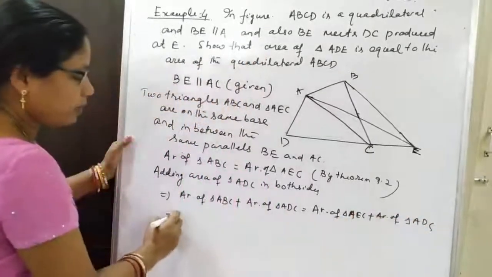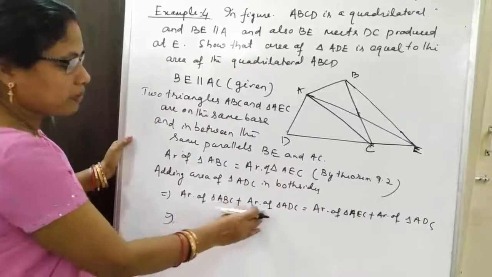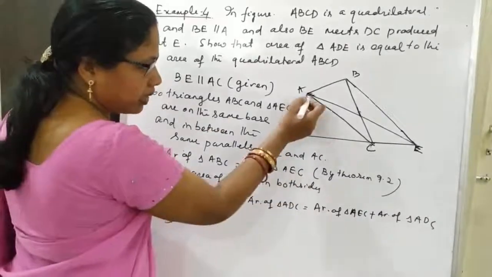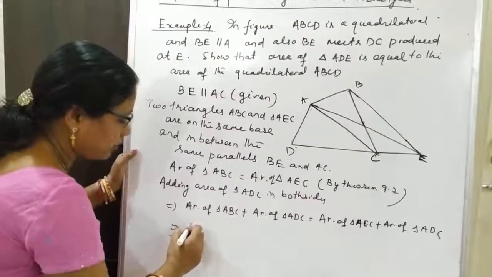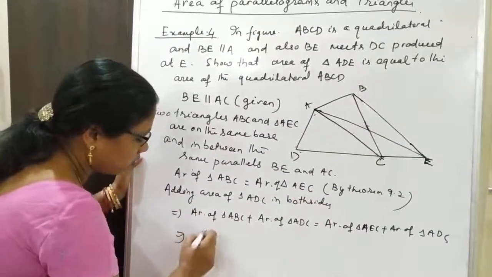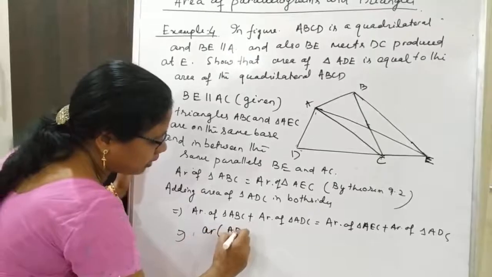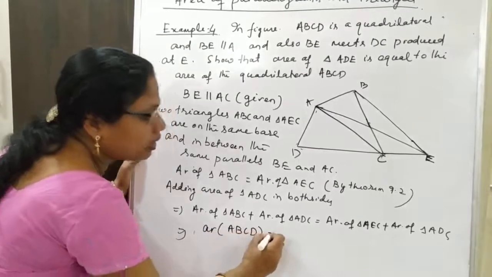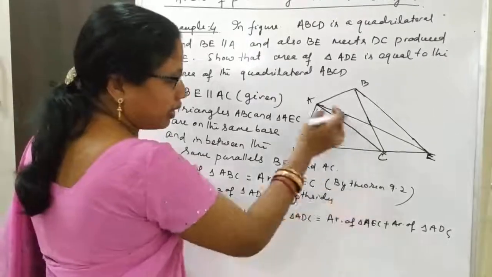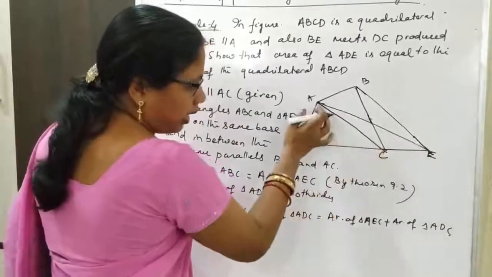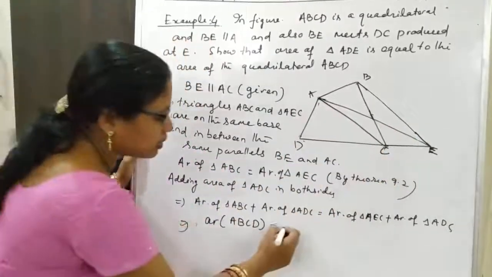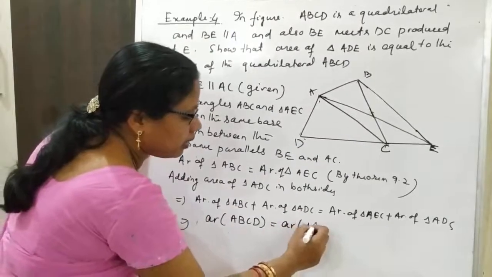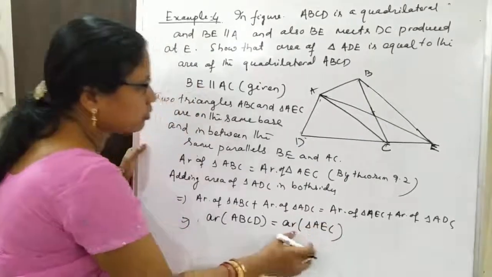ABC plus ADC is quadrilateral ABCD. So this becomes area of quadrilateral ABCD is equal to area of triangle AEC plus ADC.